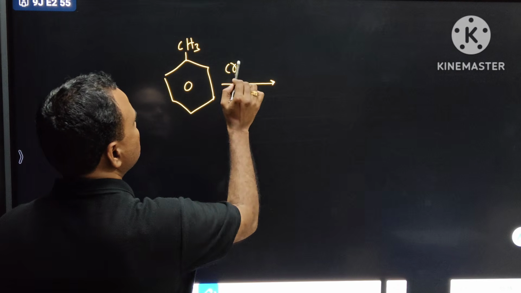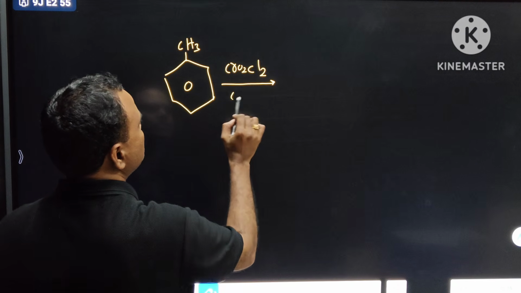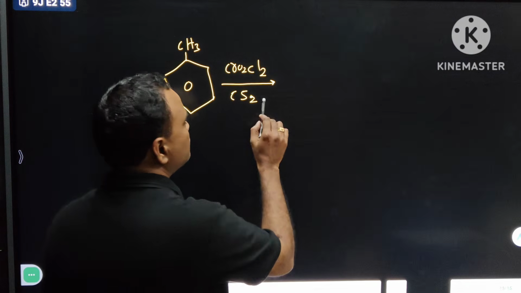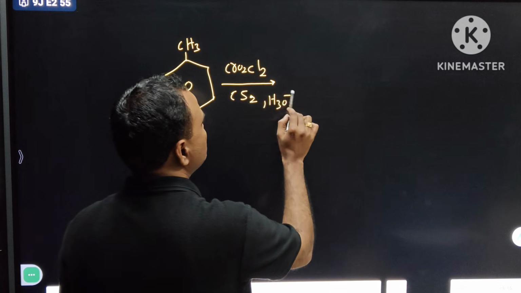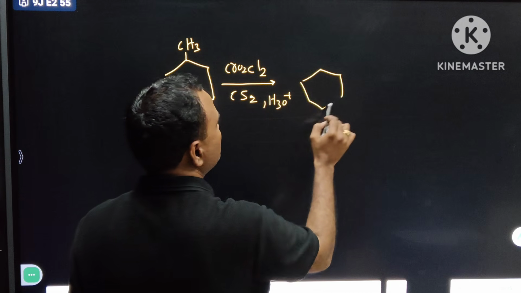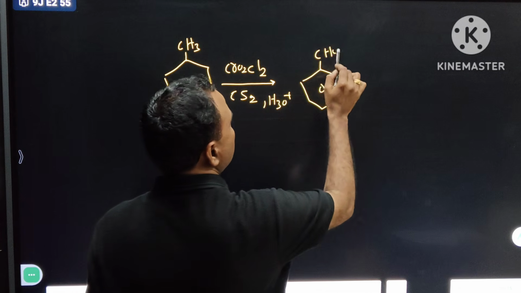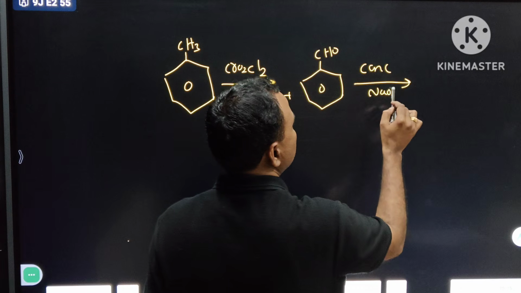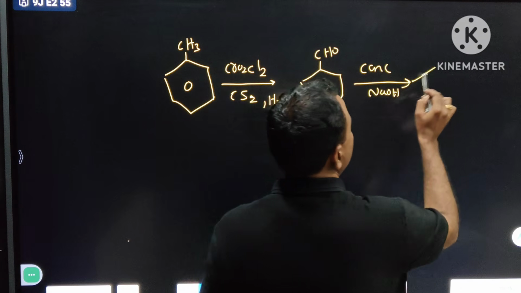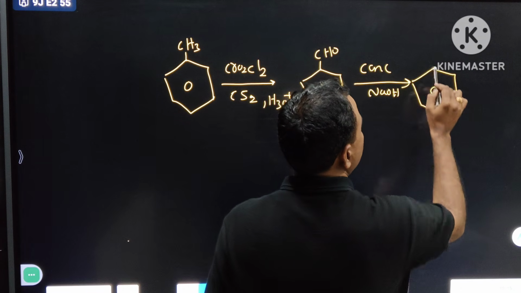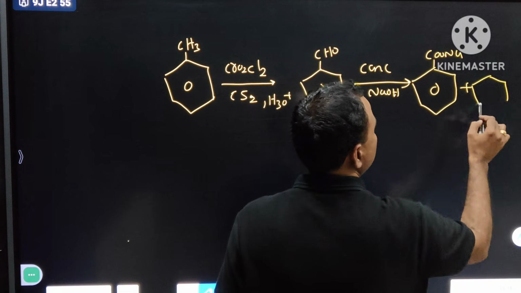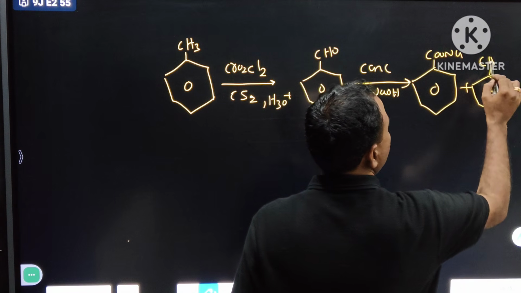Toluene when treated with CrO2Cl2 in the presence of carbon disulfide, then H3O plus, first we will get benzaldehyde. This when treated with concentrated NaOH, what will we get? The sodium salt of benzoic acid plus benzyl alcohol.